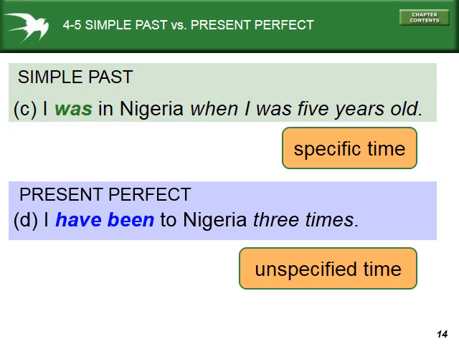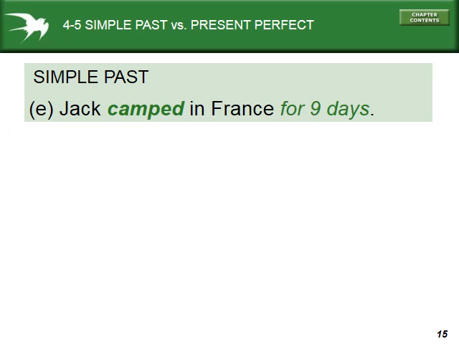I can say I went to Nigeria 3 times, or I was in Nigeria 3 times. That's fine. But what I can't say is I have been in Nigeria when I was 5 years old. There's a limitation on the present perfect that doesn't exist for the simple past. The simple past can be used in both, but the present perfect can only be used with the unspecified time.